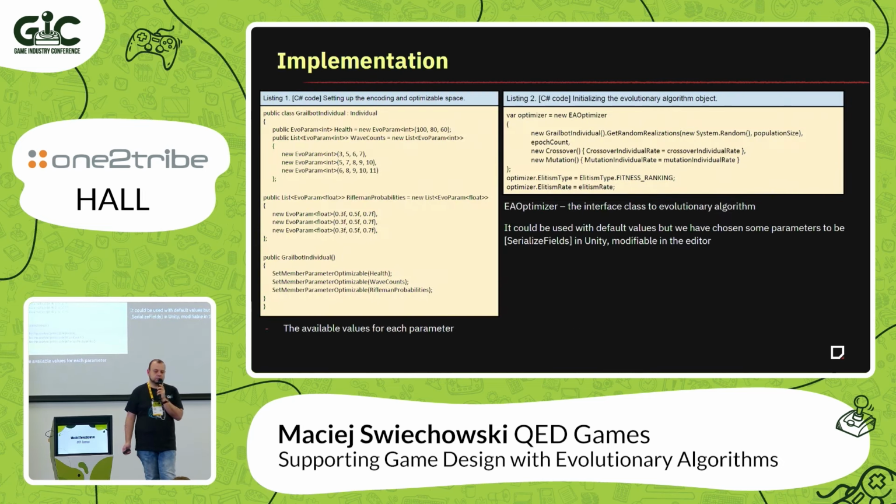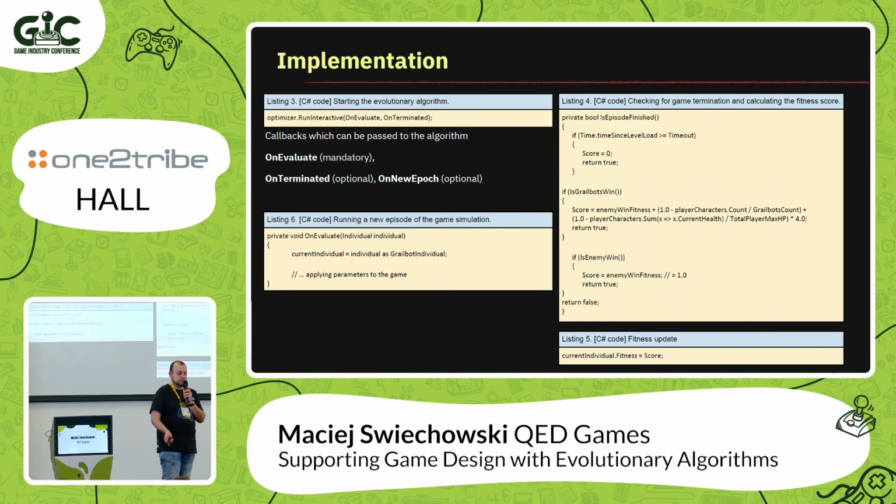And we managed to do it using our engine in just this much code. I will just show how much code is required for this. This is just setting the encoding, initializing the algorithm, then starting the evolutionary process, restarting the game, applying the parameters, and calculating the fitness function.